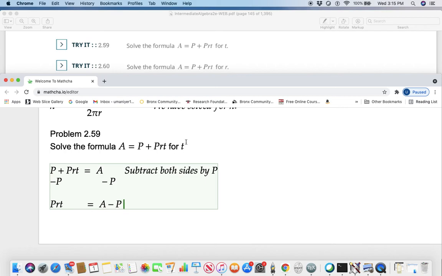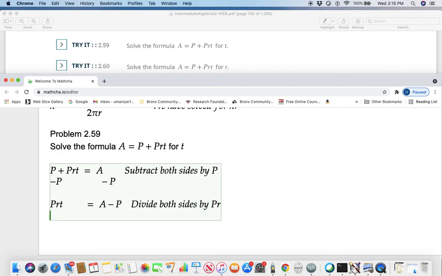At this point, remember, you're solving for T. Look at R and P. We don't want these, and they are multiplying T. So divide both sides by PR. In other words, you're looking at PRT on the top and PR on the bottom.